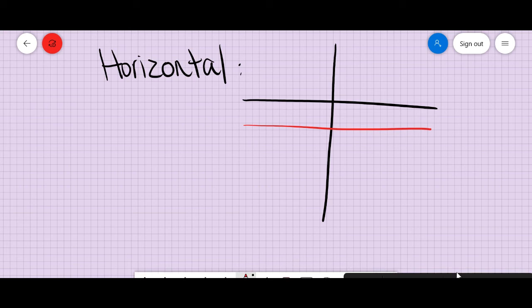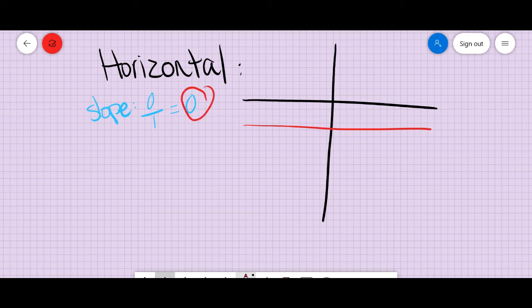So when it is a horizontal line, what is the slope? When y changes 0, because the y does not move when it's a horizontal line, x changes 1. So that is 0 over 1 is the slope. And that is equal to 0. So the slope of a horizontal line is equal to 0.